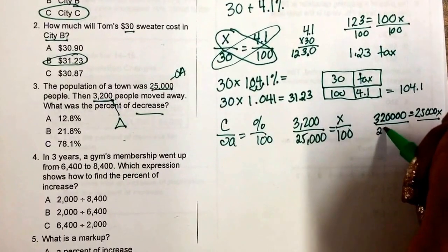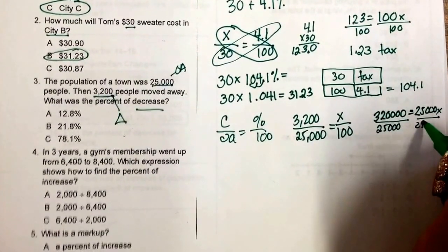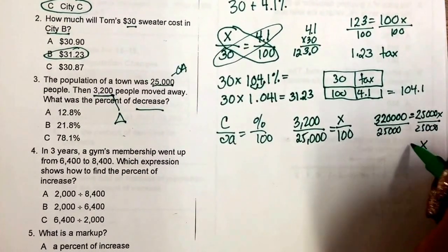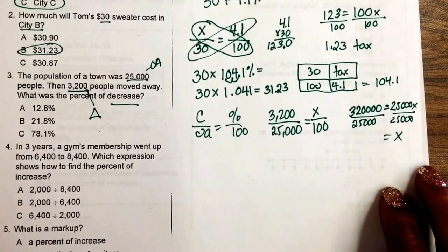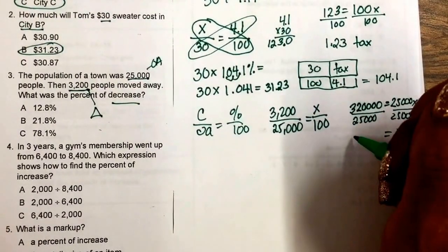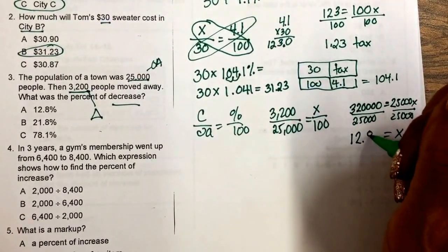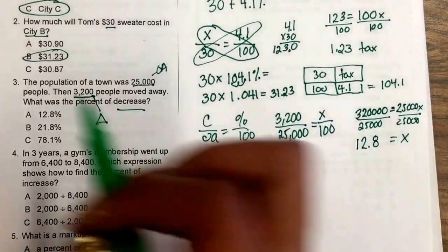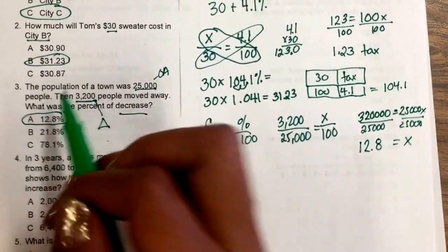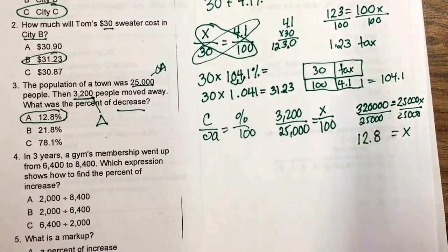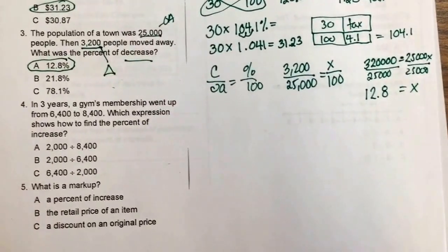And when I divide by 250,000, and I'm going to spare you the long division, I'm actually going to get 12.8. And you can check on your calculator if you actually want to do the division to see what the number is. I know these are challenging.